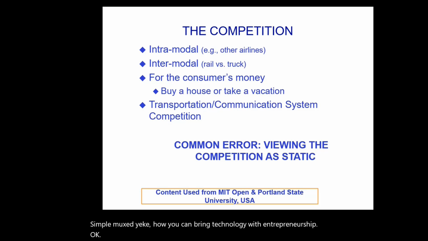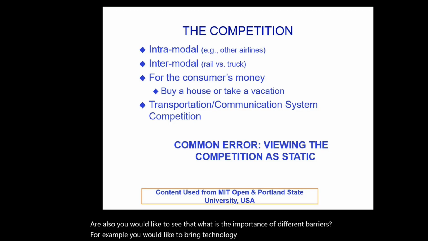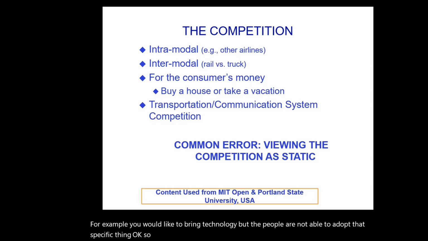Or also you would like to see what is the importance of different barriers. For example, you would like to bring technology, but the people are not able to adopt that specific thing. Okay. So if you can see here, this is a view. The competition is a strategy.